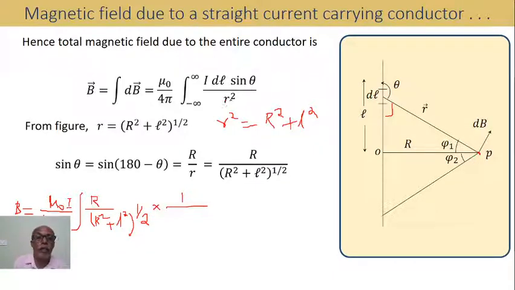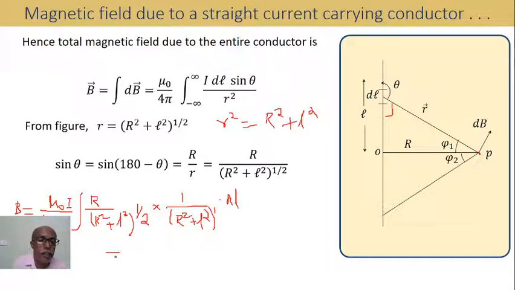But r square is nothing but r square plus L square, again r square plus L square whole power 1, so power 1, into dl. The dl was there, we carried it along, dl.